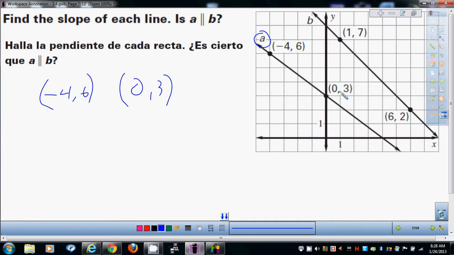So you take the 3 minus the 6. All that matters now is you put their x's in the same order. So 0 minus negative 4. So what's 3 minus 6? Negative 3. What is 0 minus negative 4? Positive 4, and your slope is negative 3/4.